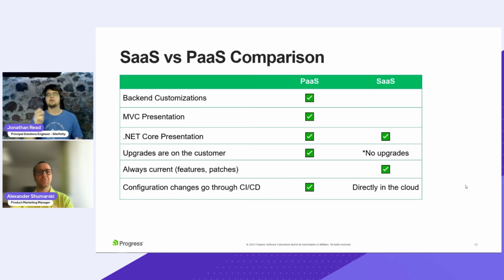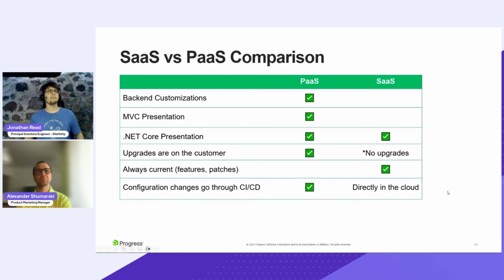Security patches, new feature releases, all that type of stuff. The front end technology you are still in control of, but we highly recommend you take that click of a button and it goes to that first environment that's included with cloud. And then configuration changes, CI/CD, all of it is done directly in the cloud versus SaaS. Here you can have a little bit more flexibility in where you can make CI/CD configurations.